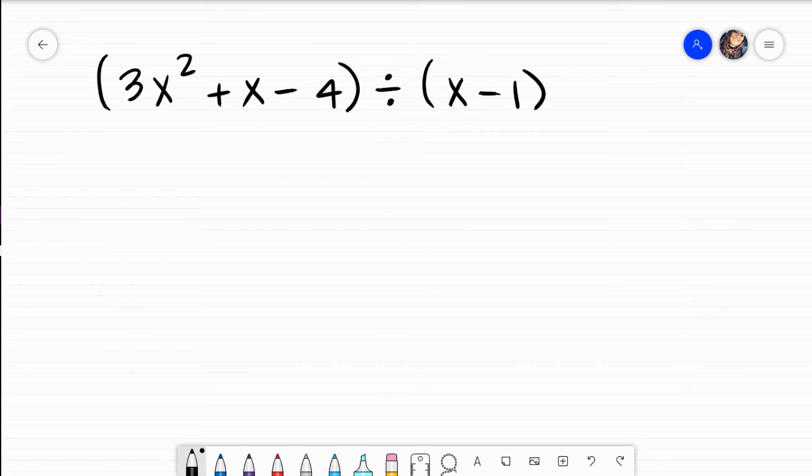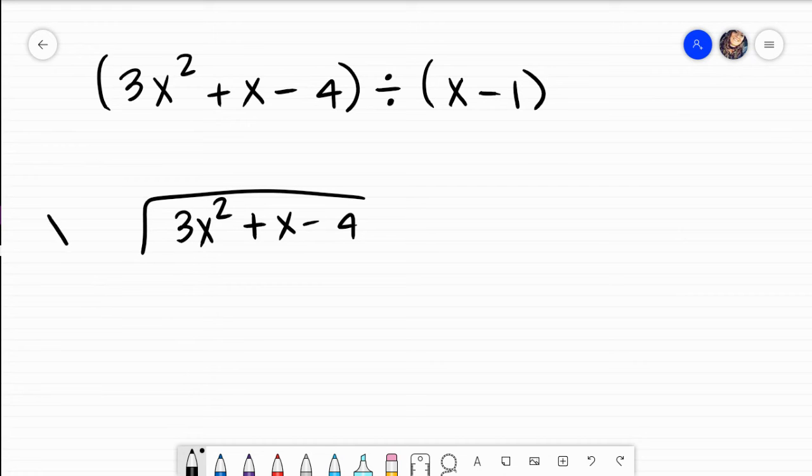So I do have an x squared, an x to the first, and then an x to the 0 power, because it's just a constant. So I'm going to take my 3x squared plus x minus 4 and divide it by x minus 1.